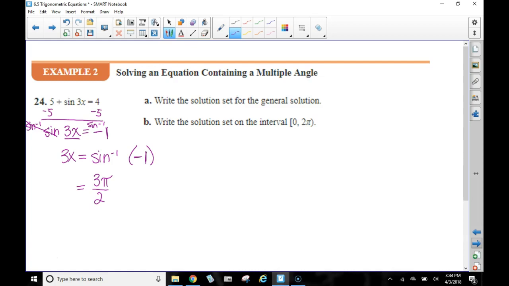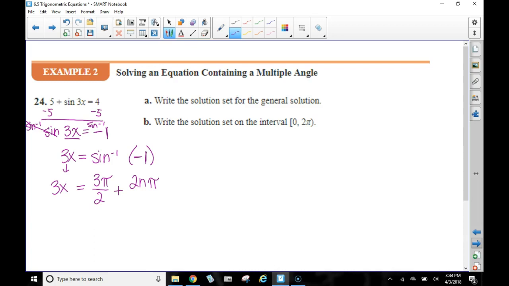Now, you're going to directly bring down this 3x. It's not just going to be 3 pi over 2. It's also every single time that we hit 3 pi over 2, so every angle that's coterminal with 3 pi over 2 has a sine value of -1.